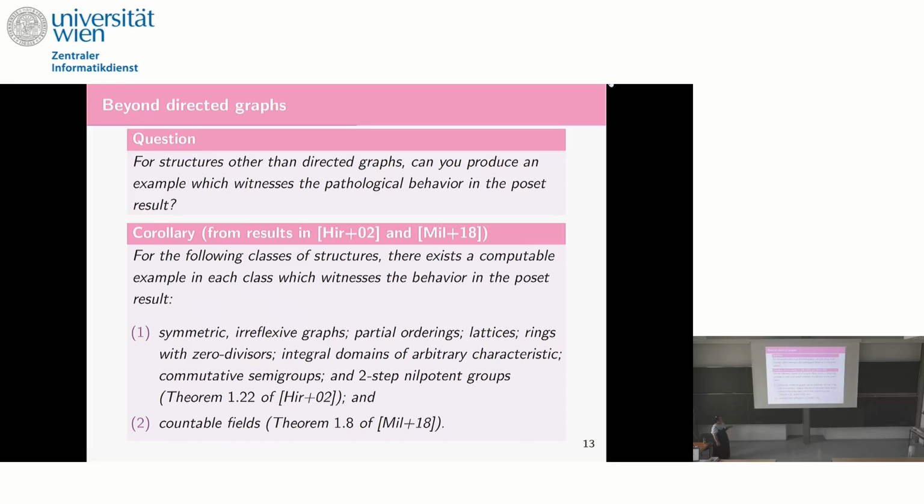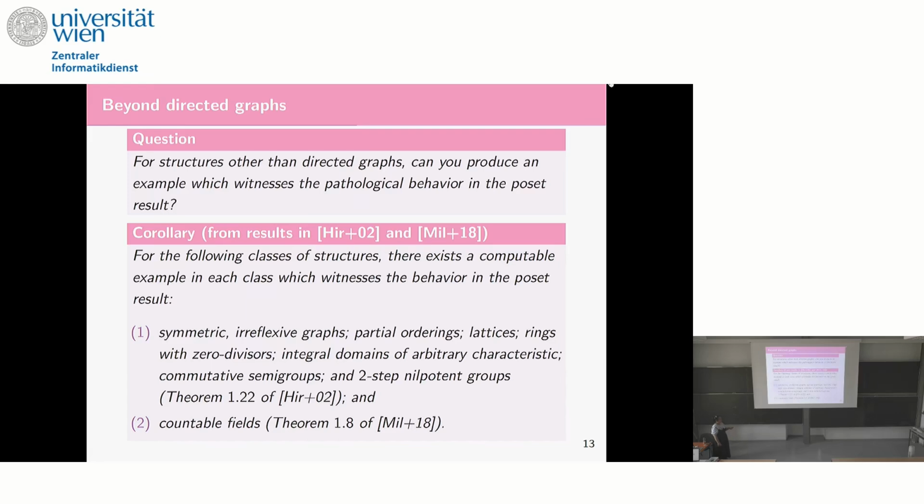So for example, for symmetric irreflexive graphs, partial orderings, lattices, rings with zero divisors, integral domains of arbitrary characteristic, commutative semigroups, and 2-step nilpotent groups, you can just take the graphs that I built, slap the coding on top of those graphs, and produce examples of these classes of structures that have the weird behavior of the Post-it result.